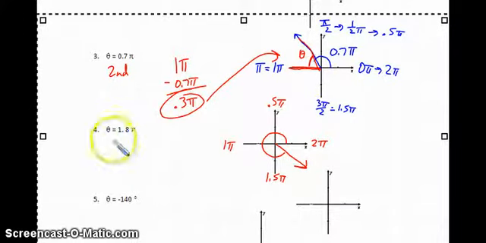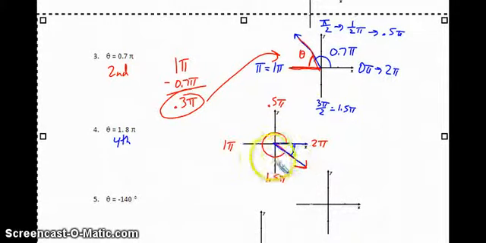So the reference angle now, we're talking about the fourth quadrant. Starting here, that's the x-axis in the fourth quadrant, and going down to here. So to find that measure, I want to say, okay, how much further past 1.5 did I go to get to 1.8?